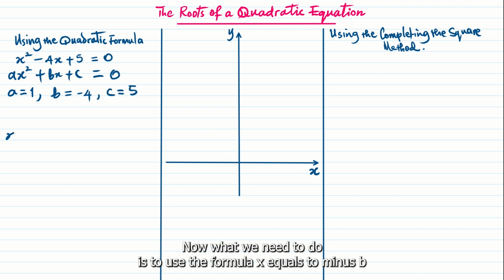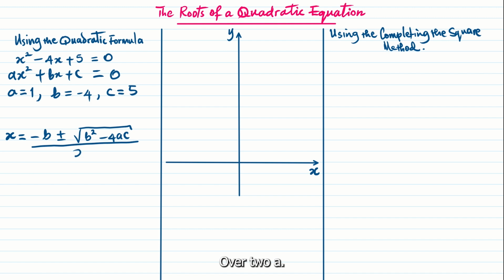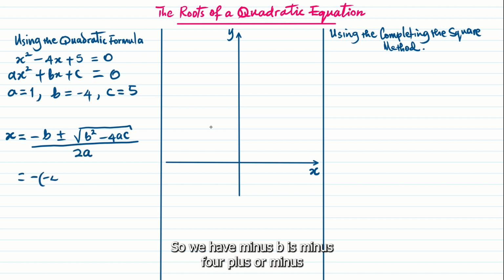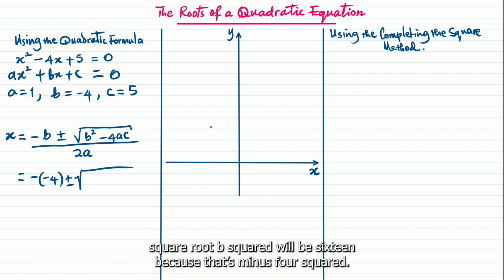Now, what we need to do is to use the formula x equals minus b plus or minus the square root of b squared minus 4ac, over 2a. All right, so we have minus b is minus 4 plus or minus the square root of b squared, which will be 16 because that's minus 4 squared.